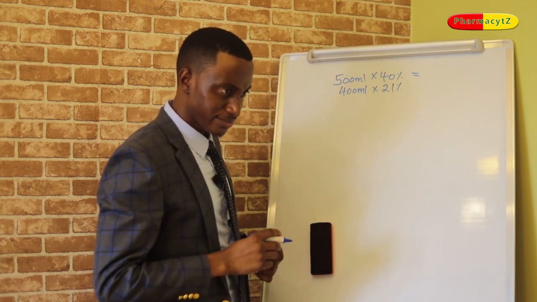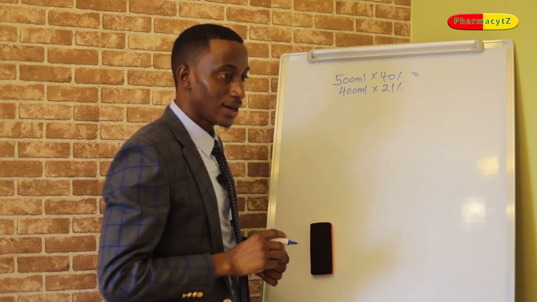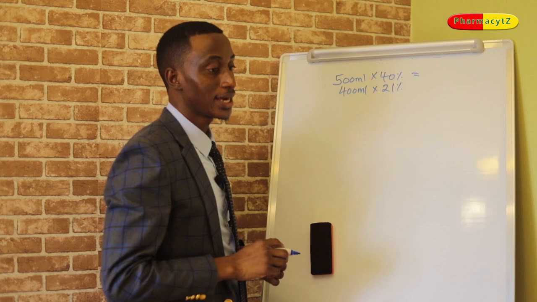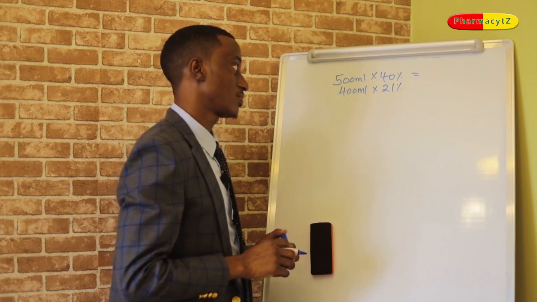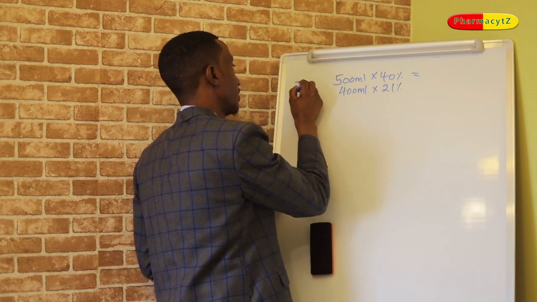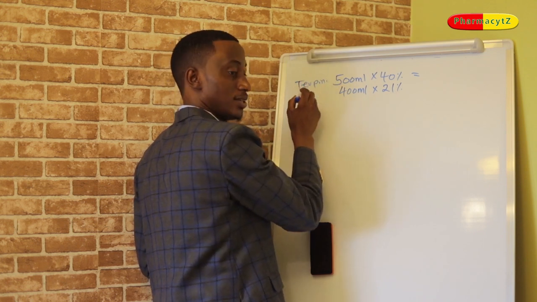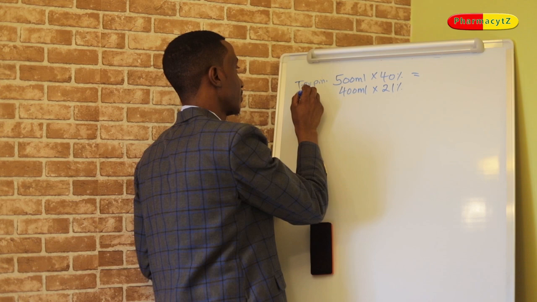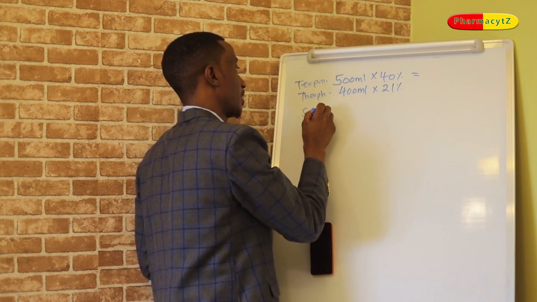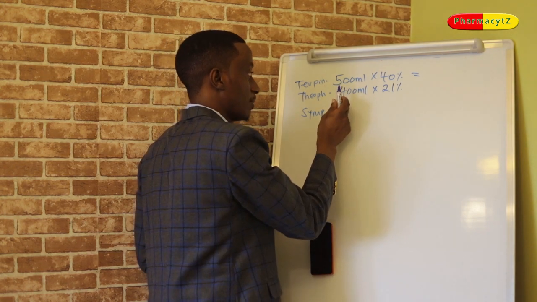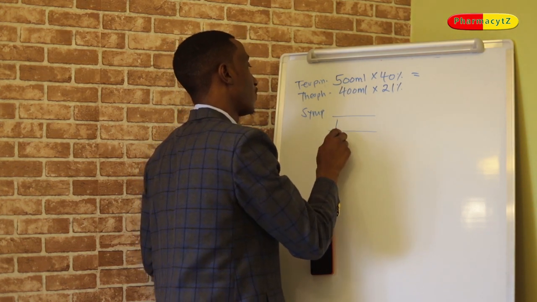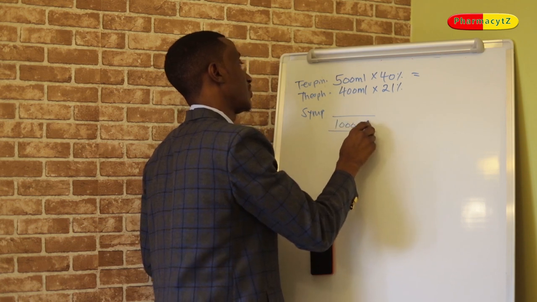Then we have sufficient syrup to make 1,000 mils of solution. So here, this was terpene elixir, and this was theophylline. Then we have a sufficient amount of syrup, which we don't know, to make a total of 1,000 mils of solution.